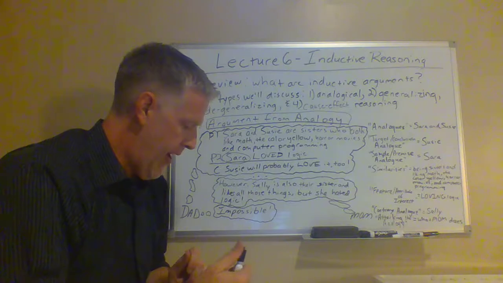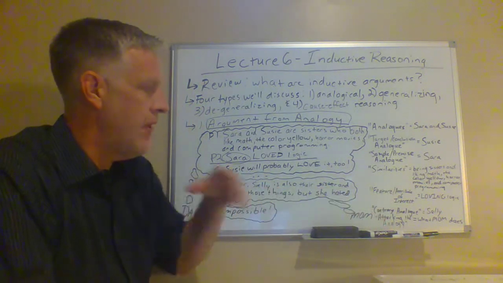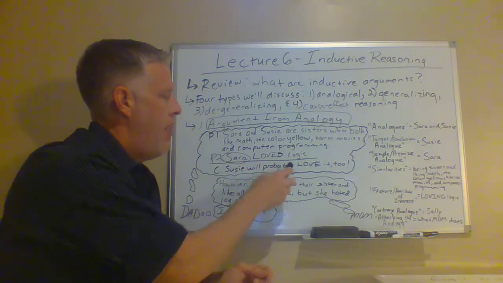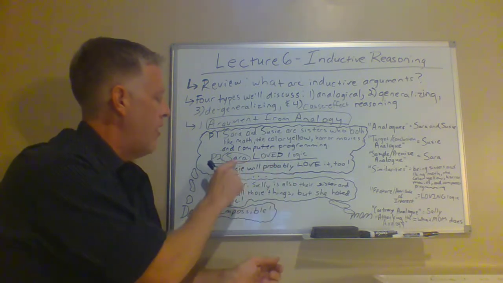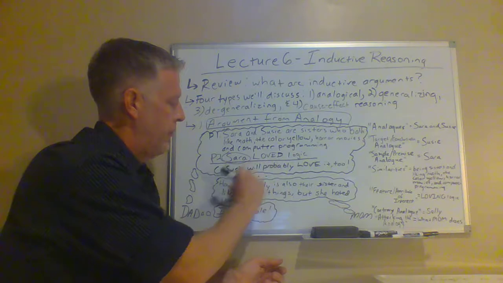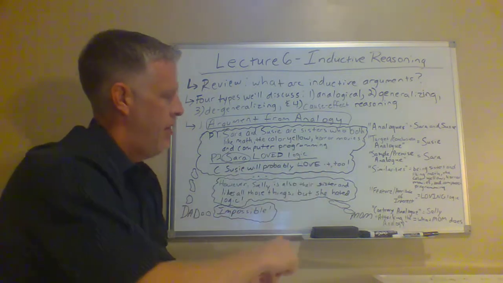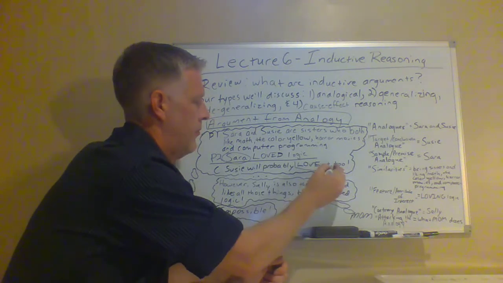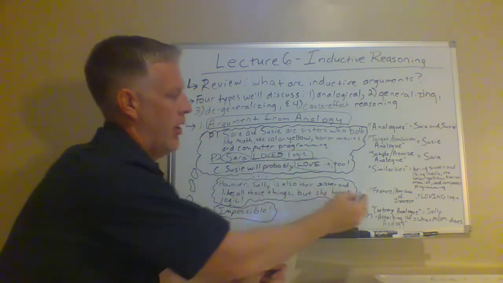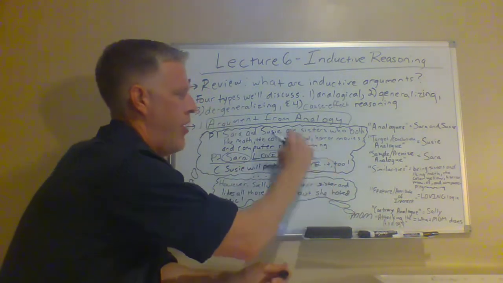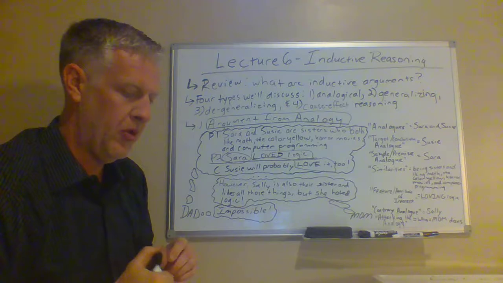But as I mentioned, use the idea of feature or attribute of interest to note the trait or characteristic that we know is true of the premise analog or sample analog, and we're suggesting is true of the conclusion or target analog. So that characteristic, in this case, would be loving logic. Only use the feature or attribute of interest to reference that particular trait, not all these other traits, or similarities.